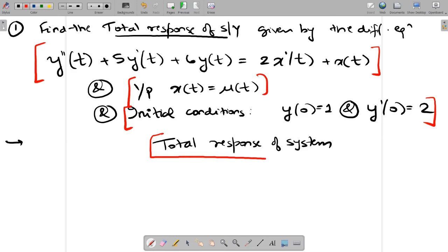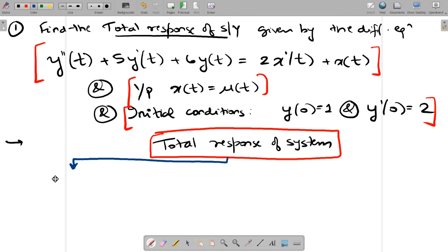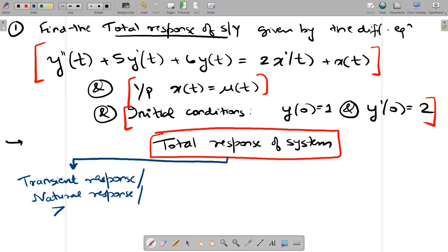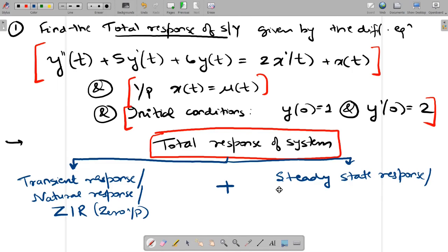So total response of a system is given by the sum of the transient response, or we can say the natural response, or the zero input response, ZIR, plus the steady state response, or forced response, which is the zero state response, ZSR.